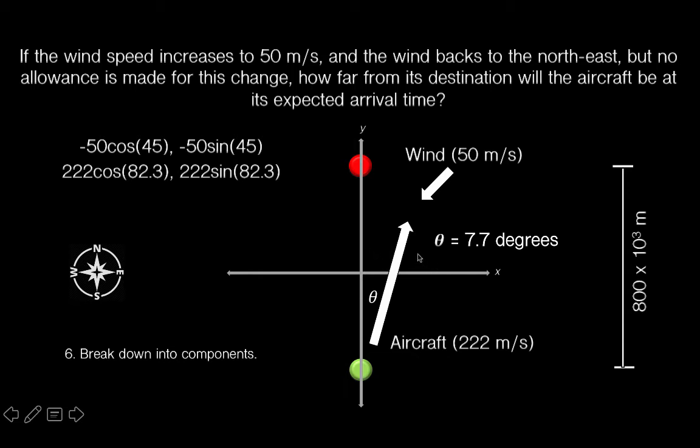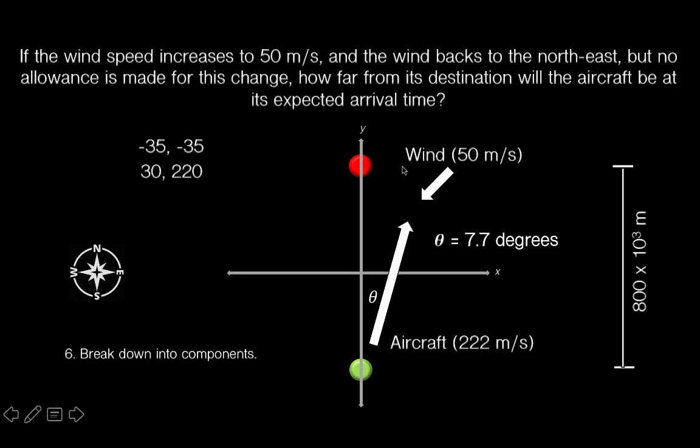So to get this angle, we subtract that from 90, which is 82.3. If we compute those, our components end up being minus 35 for the x and minus 35 for the y for the wind, and then 30 for the x and 222 for the y for the aircraft. When we add these for the resultant, we get minus 5 for the x component and positive 185 for the y component.